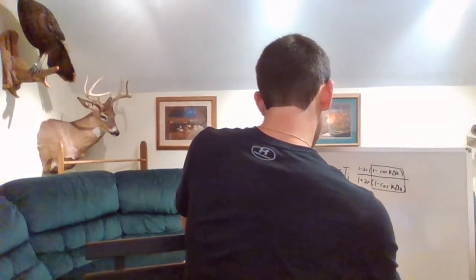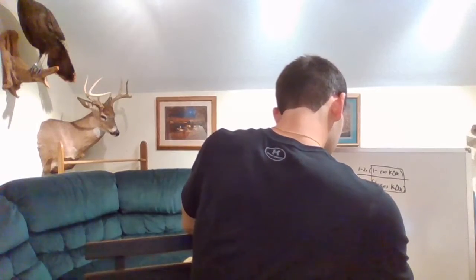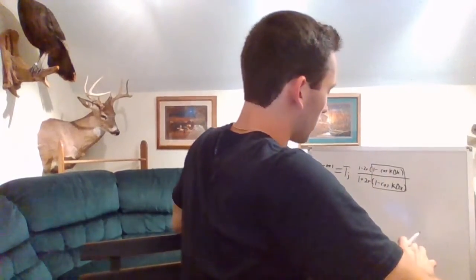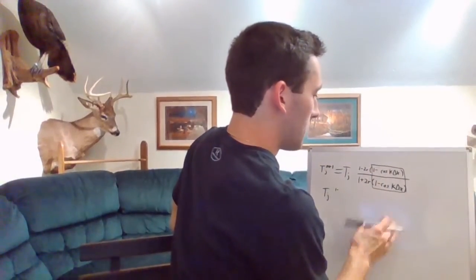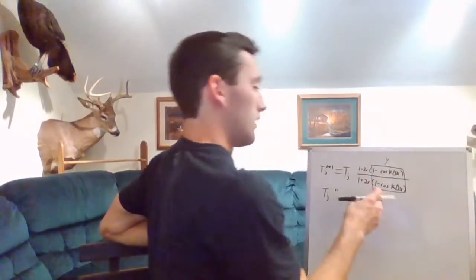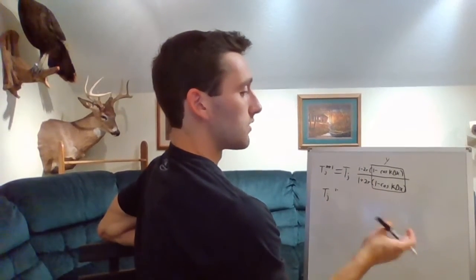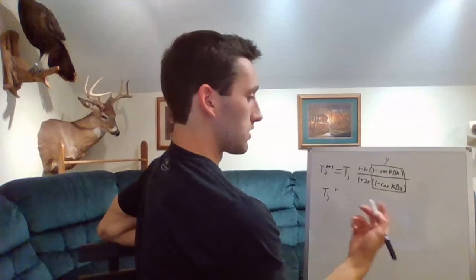We want TJ, so what we are going to do is make each of these values equal y, so it's easier to see, and since they equal each other, it doesn't really matter.